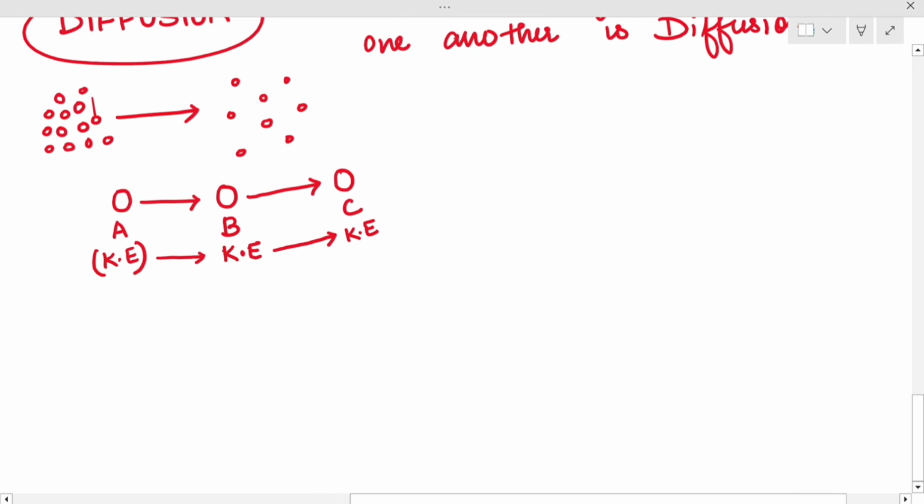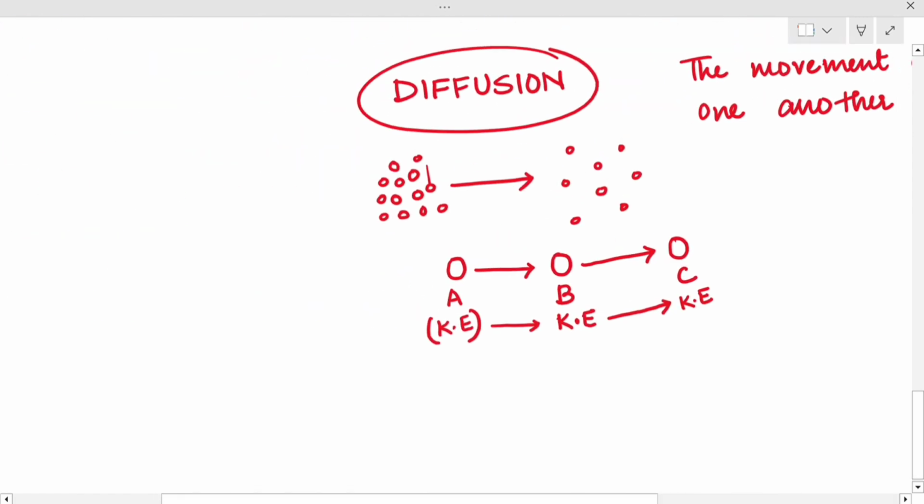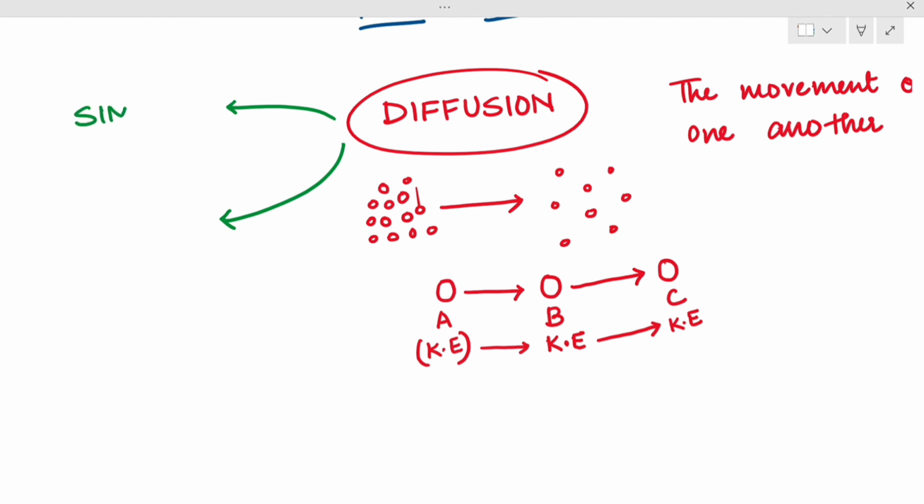This is the fundamental definition of diffusion, how it takes place, without any expenditure of energy. Now this diffusion generally is of two types. One is simple and the other is facilitated.